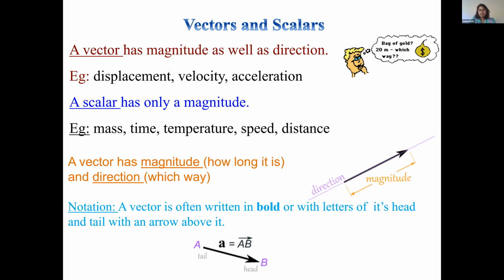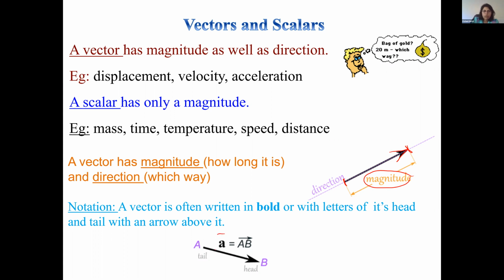Now vectors are basically represented by using a line with an arrowhead. The length of the line is basically the magnitude of the vector, right? So as a simple example, from here to here, this length we call the magnitude, and this arrowhead is the direction. Now, for the representation of vectors, different textbooks use different symbols.